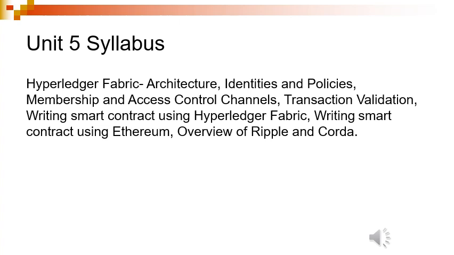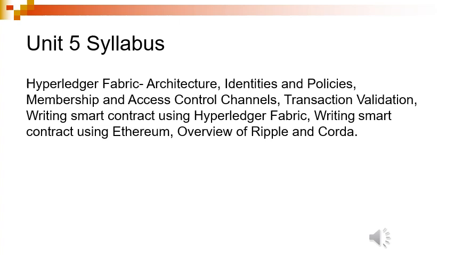So industries can use Hyperledger Fabric to design and develop their permissioned, or we can say private, blockchain. There is a concept of channels in Hyperledger Fabric. By using channels, a group of participants can form their own permissioned, or private, blockchain for communication among themselves.